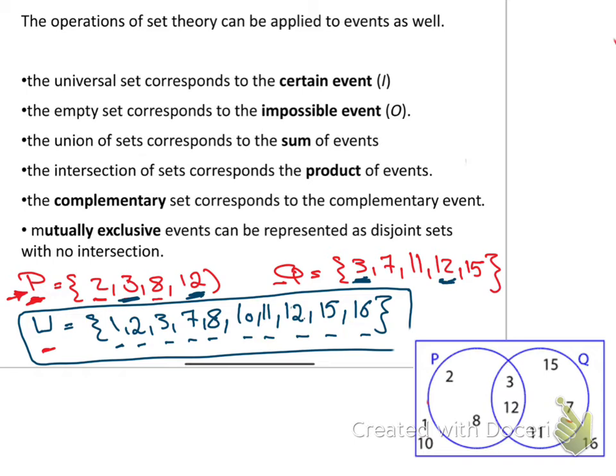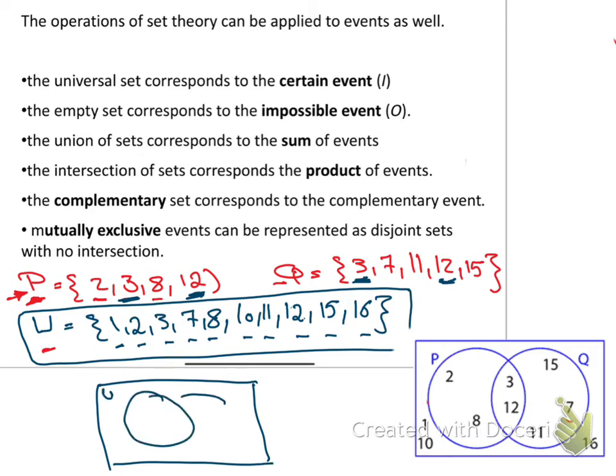Okay? So I will draw my domain, my universal set, U. I draw the two sets, P and Q again. So I'll get the two common items. I'll put them in the middle, 3 and 12. And the rest I'll put in P and in Q.